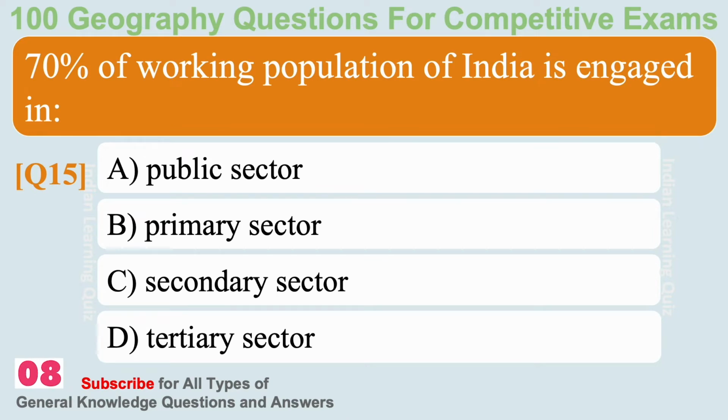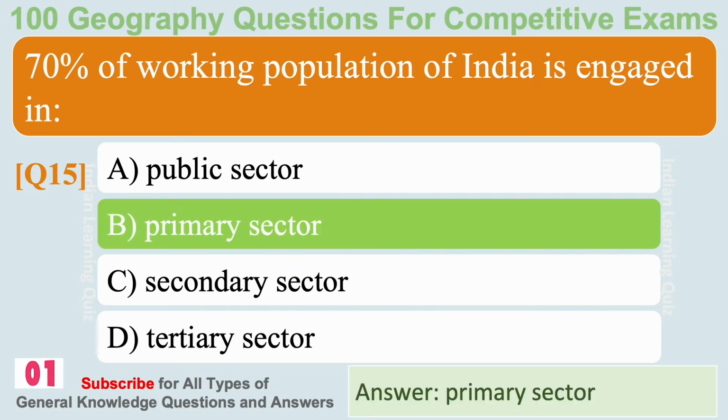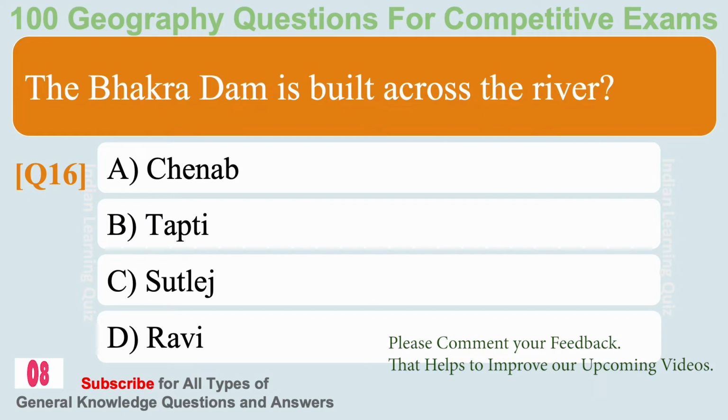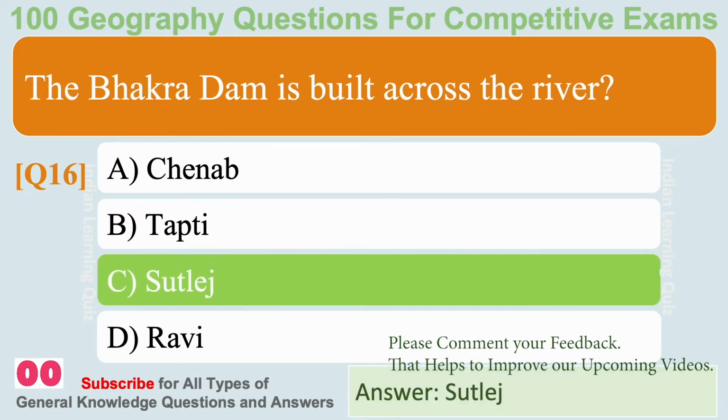70% working population of India is engaged in... Answer. Primary sector. The Bhakra Dam is built across the river... Answer.